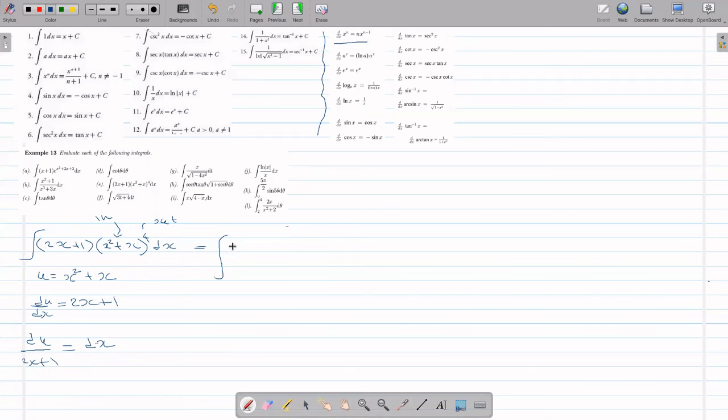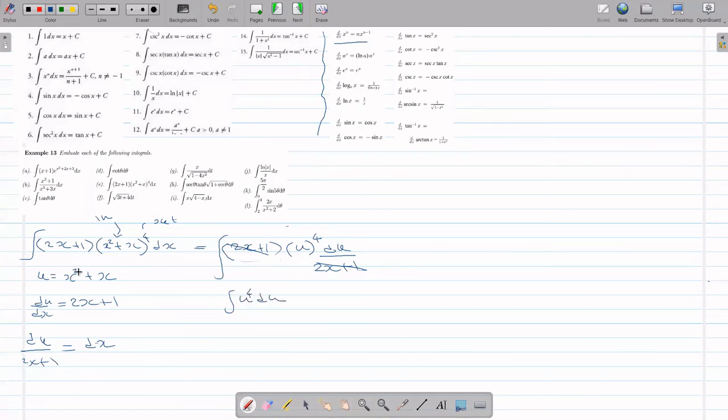Now I can do here, this one I keep, this one is my u, the outside function is u to the 4. Here this 2x plus 1 cancels, so I get u to the 4 du.